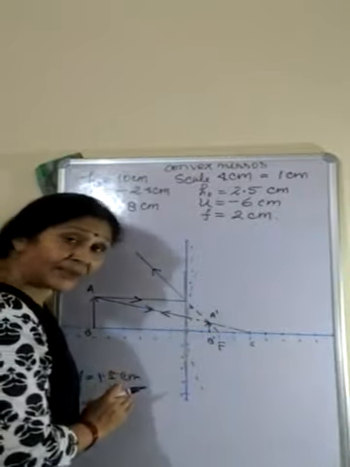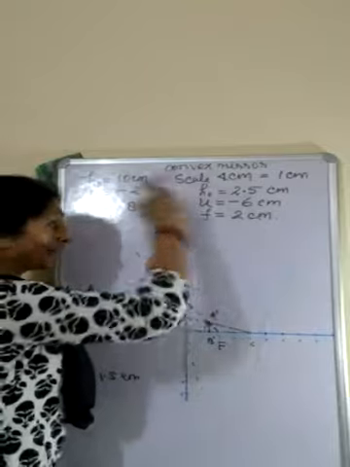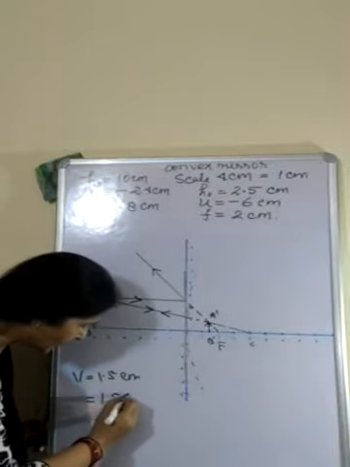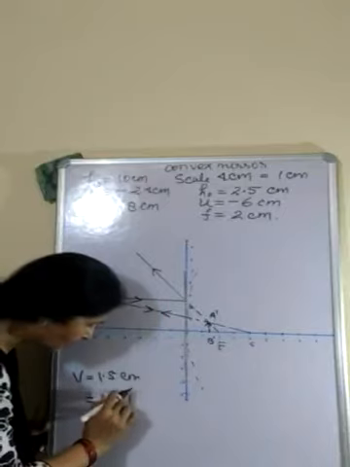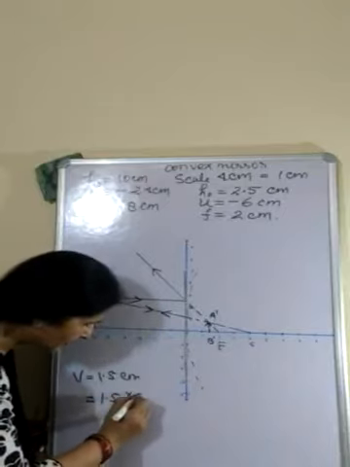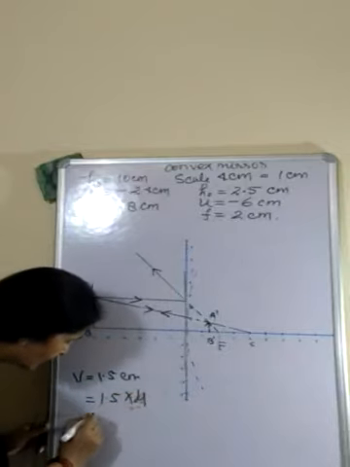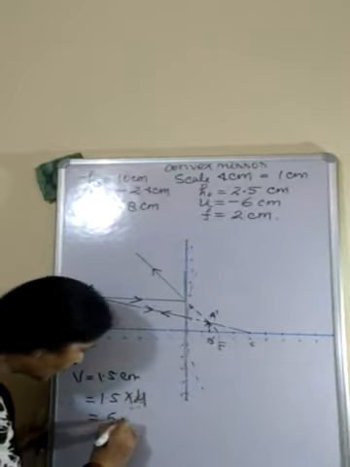We will go through the scale here. 1.5 into 4, and this is equal to 6 centimeters.